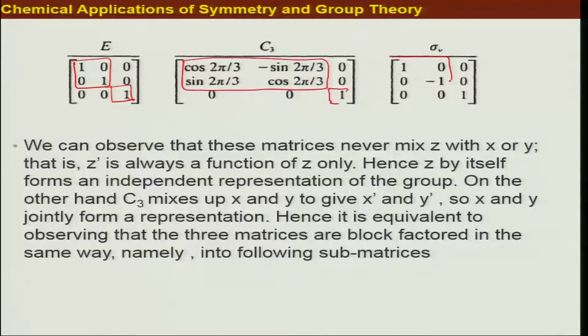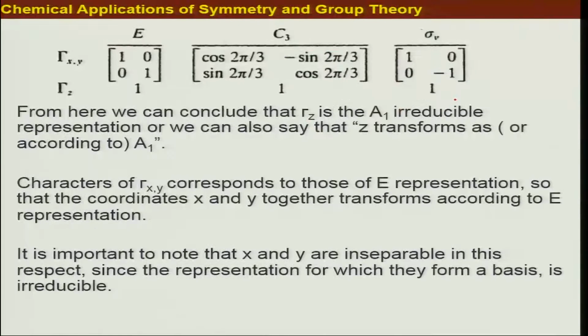Okay, so here and here. So I have 3 matrices block factored in the very same way. So therefore we can form 2 sub matrices if I consider those 2 blocks individually, and I get one representation for just z alone, while I get another representation where x and y transform together. Okay, so we get 2 by 2 matrices.